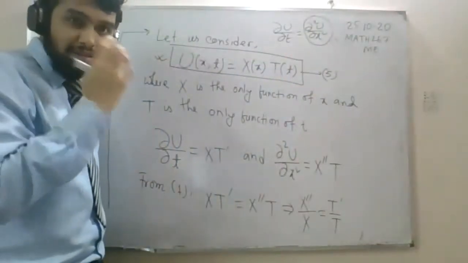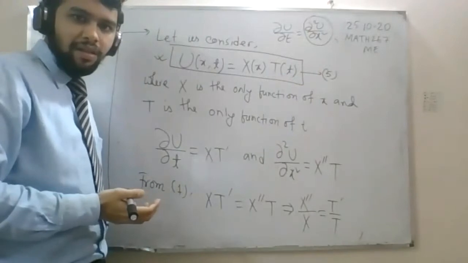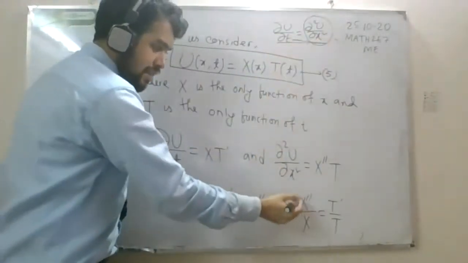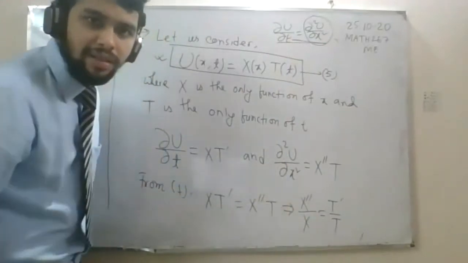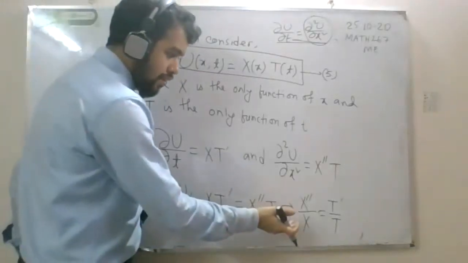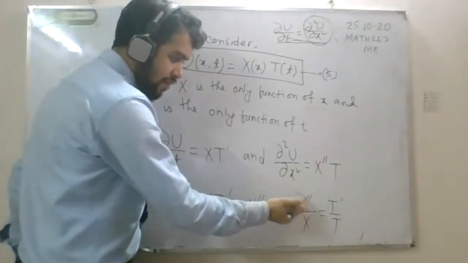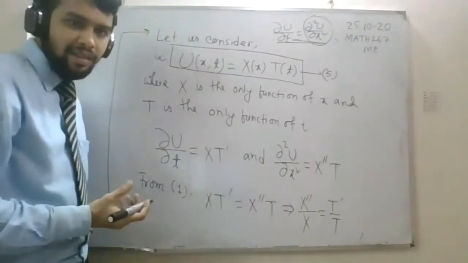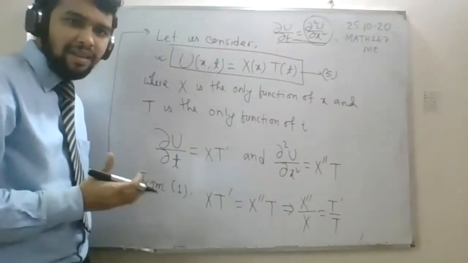If you get higher order partial derivatives, you can get this thing, which is double prime. So if you find that, it will be a double prime, so you have to let a constant term which is minus lambda square.